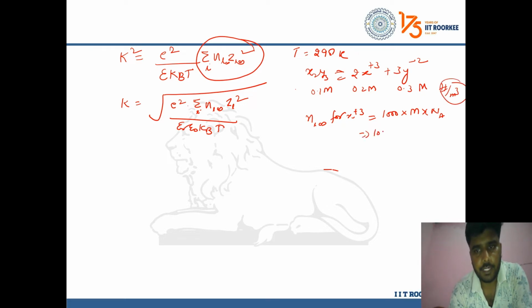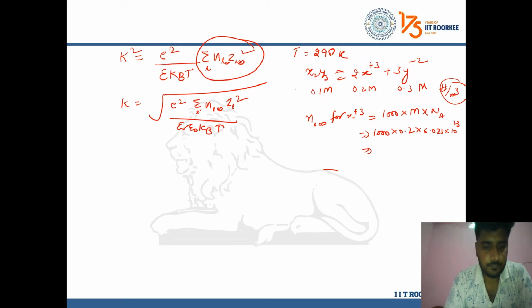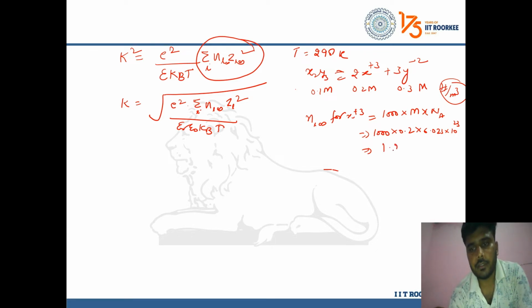So 1000 multiplied by 0.2 and 6.023 times 10 raised to 23, that is 1.20 times 10 raised to 26 per meter cube.